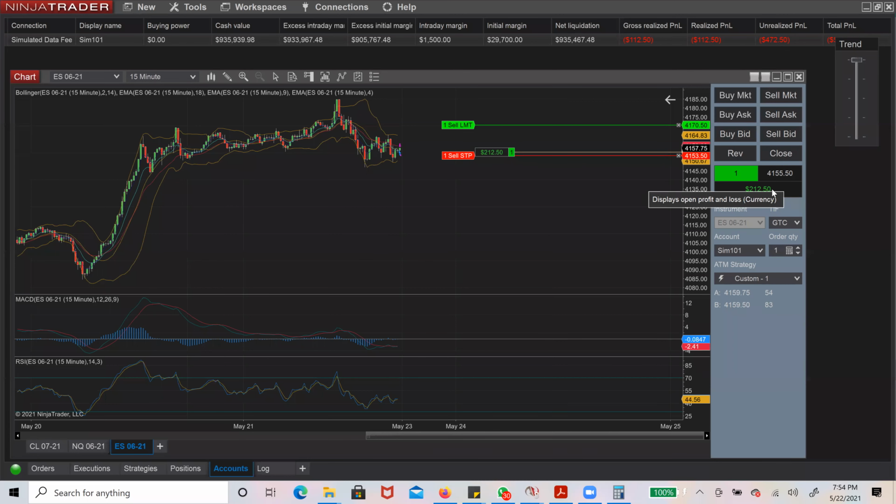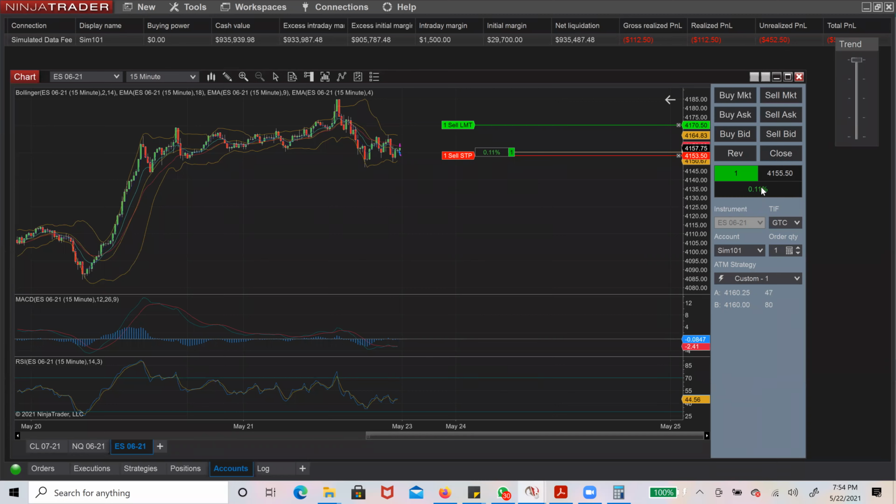Now look at it: $220, 60 points, right? Right now it says 4.75. If it is 5 points up, that means 5 into 4, that's 20 ticks up. And how much profit did you make? $250, 20 ticks.